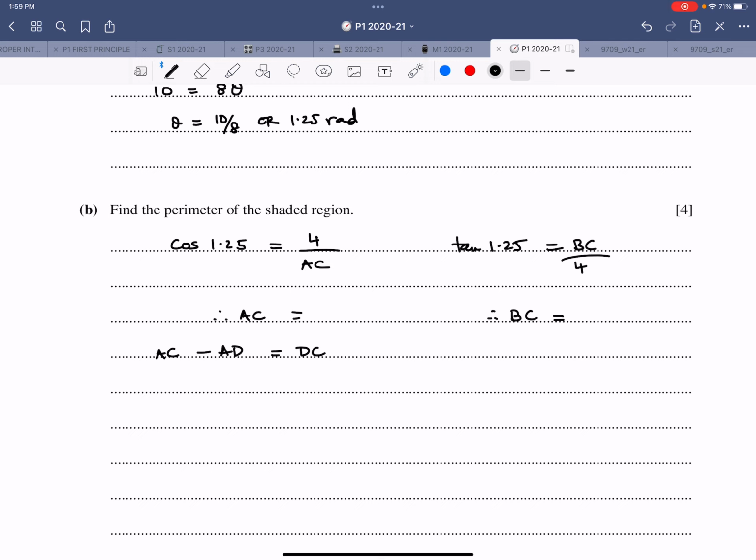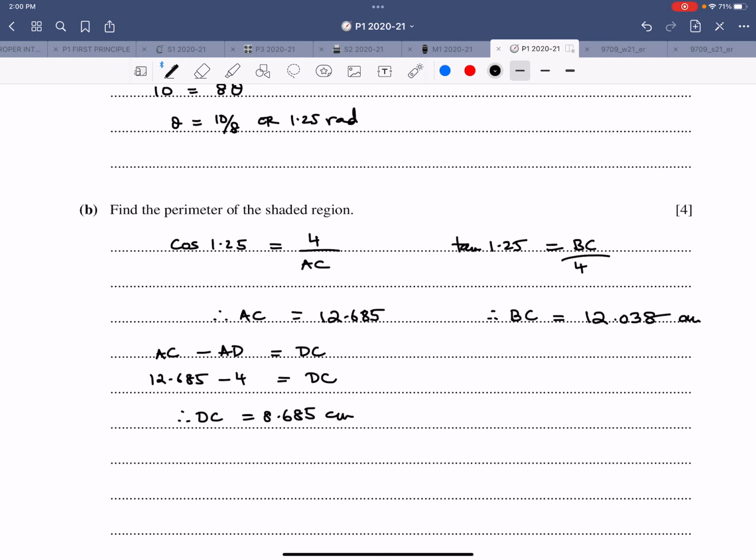So 12.685 minus 4 is DC. So DC is 8.685 centimeters. That's the first thing. And what else is there? Tangent of 1.25 multiplied by 4, so that is BC equals 12.038. This thing is also done.